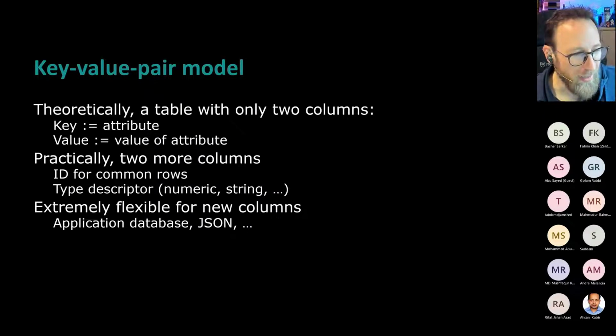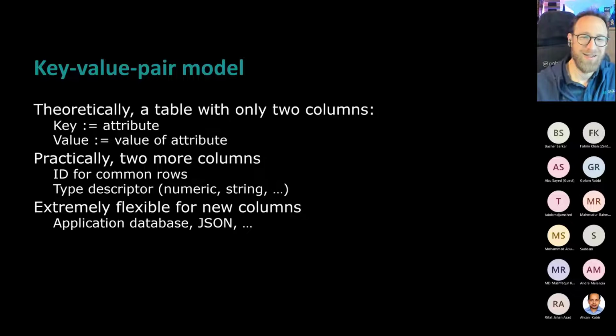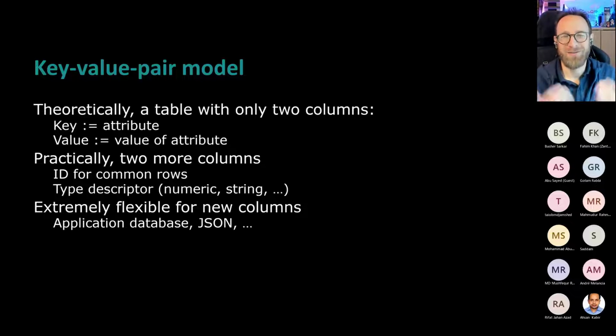The reason why this is used is that it's extremely flexible, as you can see here. Within a relational database, which has a schema, we have a key column and a value column. This is a schema, but still there's no schema, because the information itself is not stored in the schema.